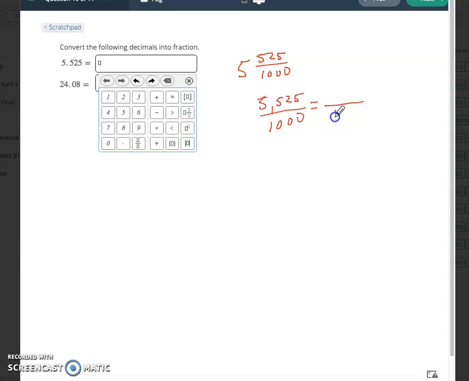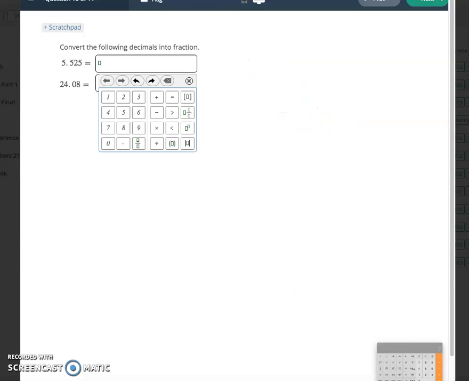So this 25 goes into 1,000 40 times. And then to find out how many times 25 goes into 5,525, we could do it mentally, but also we could do this.